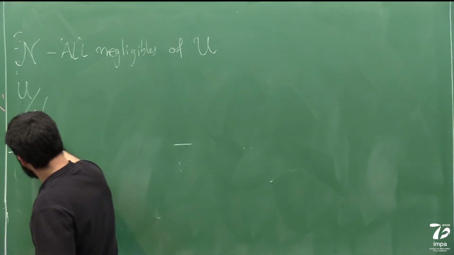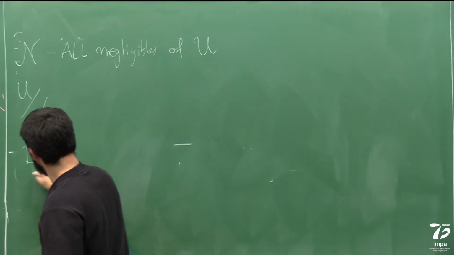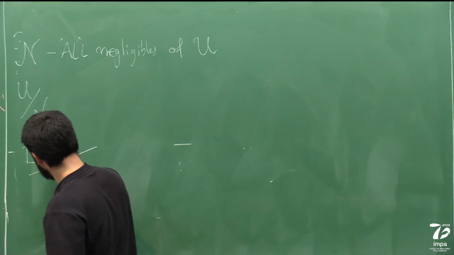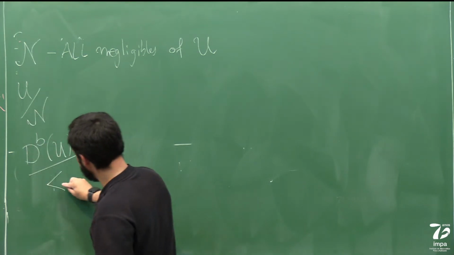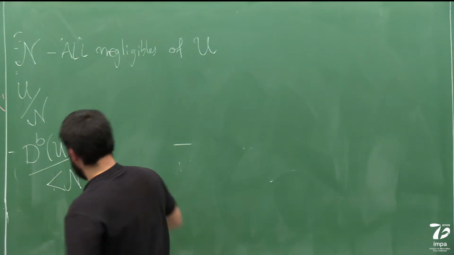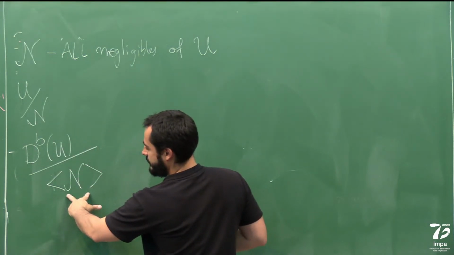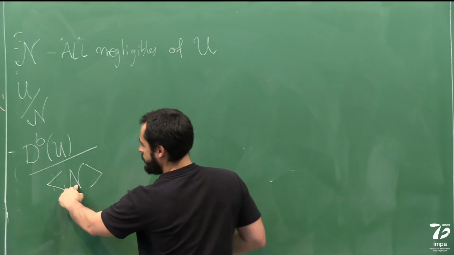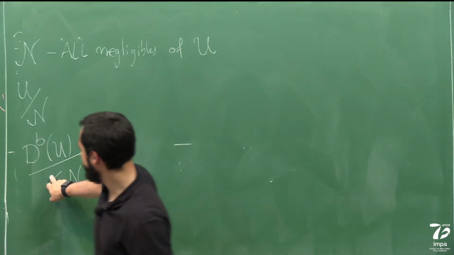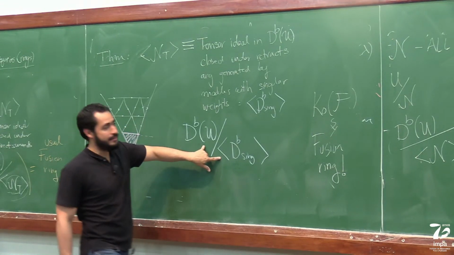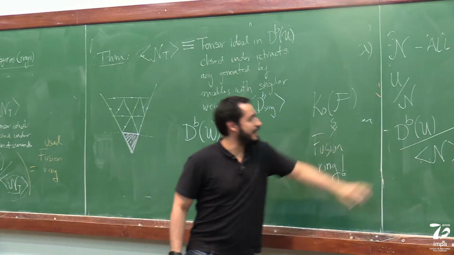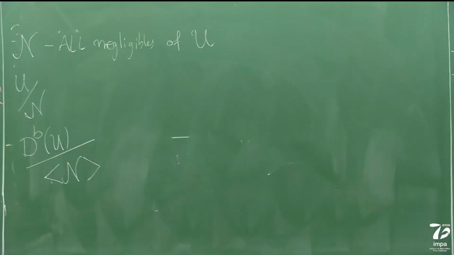So can you do it in the right category terms to understand what happened here? And the tensor ideal, using the tensor structure, is the tensor ideal generated by all the negligible modules. Could this category be equivalent to this category? Does this category have the same Grothendieck ring?